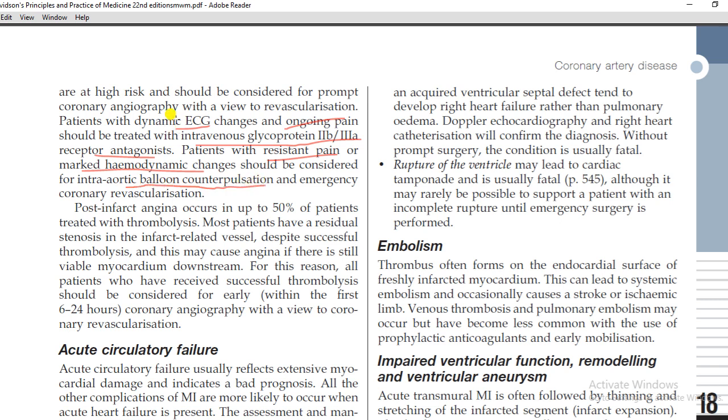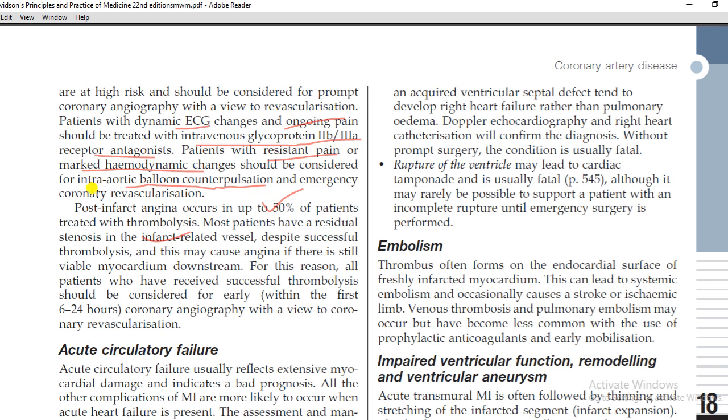Post-infarct angina occurs in up to 50% of patients treated with thrombolysis. Most patients have a residual stenosis in the infarct-related vessel despite successful thrombolysis, and this may cause angina if there is still viable myocardium downstream.